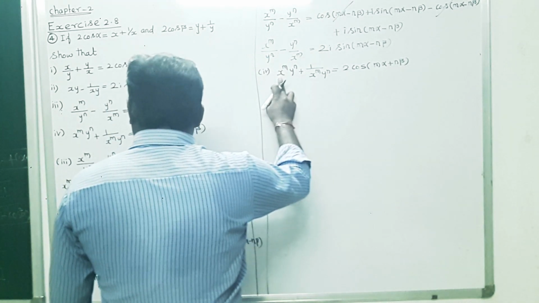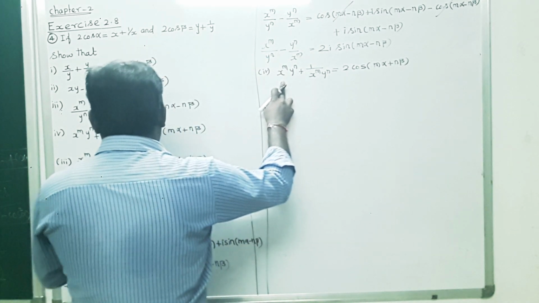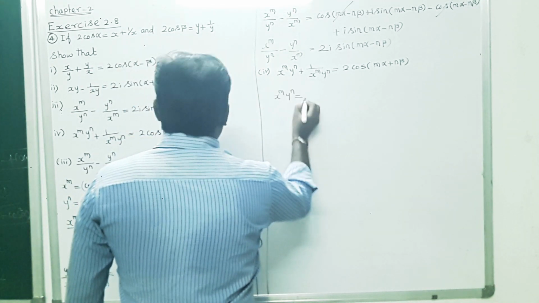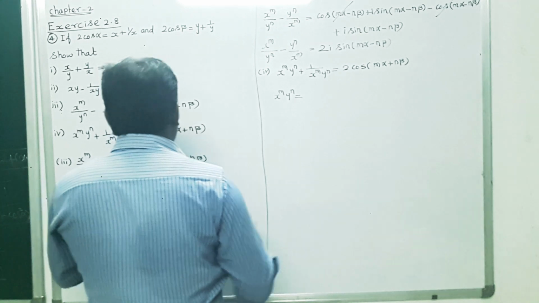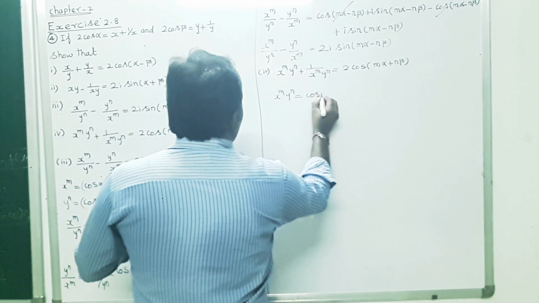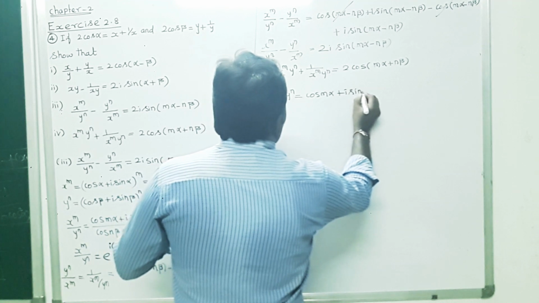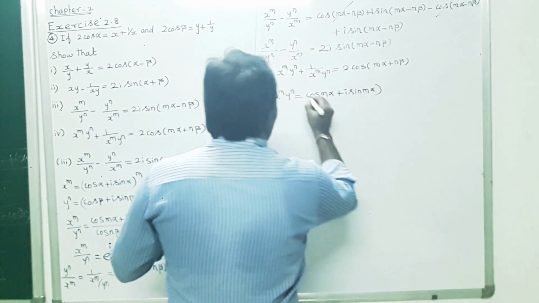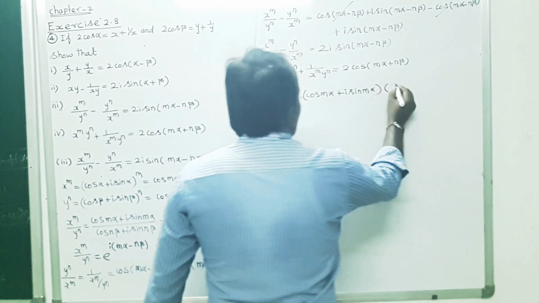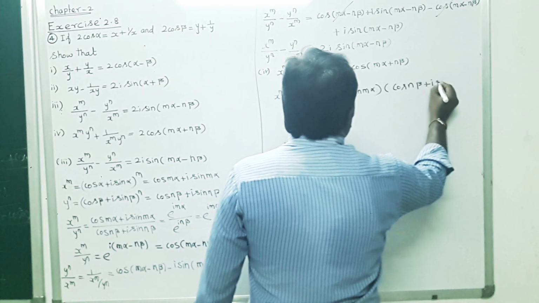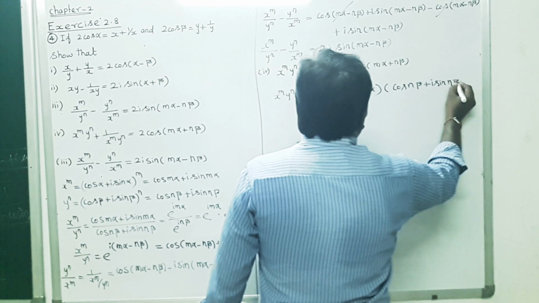First to find out, already you have to find out this value. Next, x power m y power n is equal to x power m, that is cos m alpha plus i sin m alpha, into cos n beta plus i sin n beta.